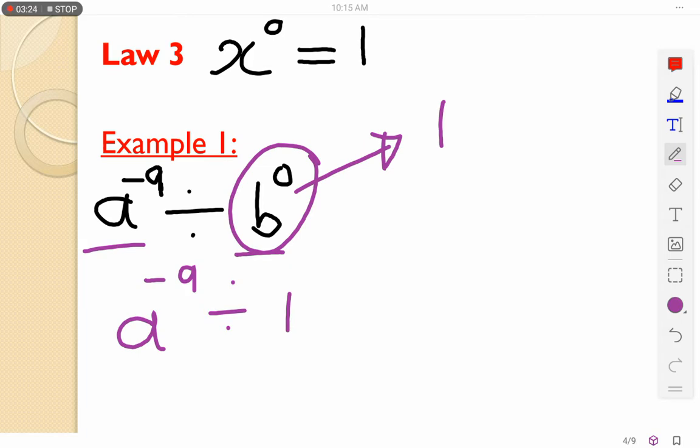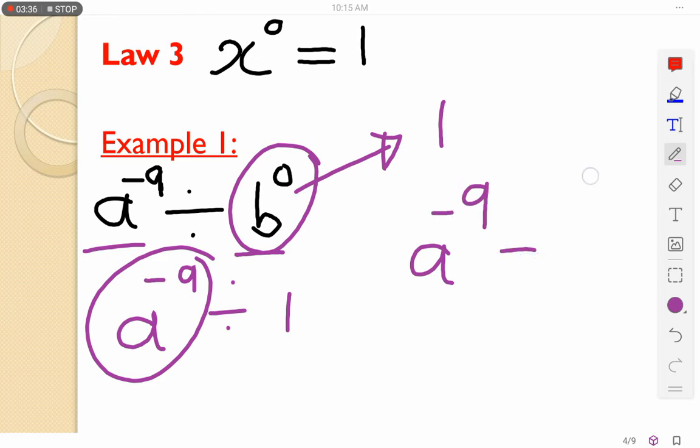This I'll ignore and I'll remain with this part. Remember we said from Indices 1, a negative power we write as 1 over a to the power of 9, like this. So this becomes our solution.